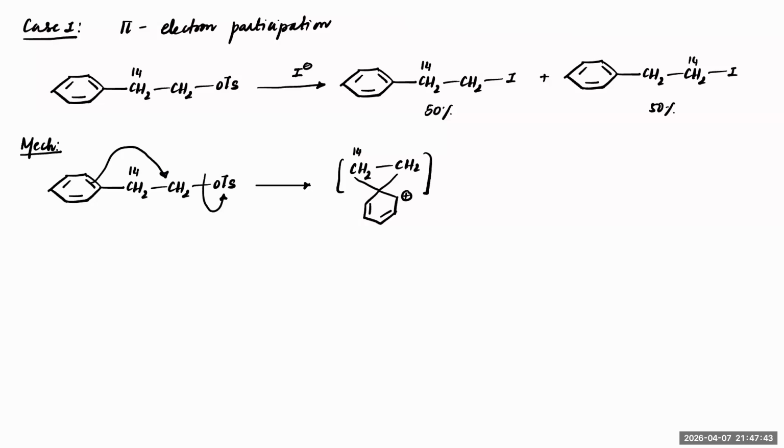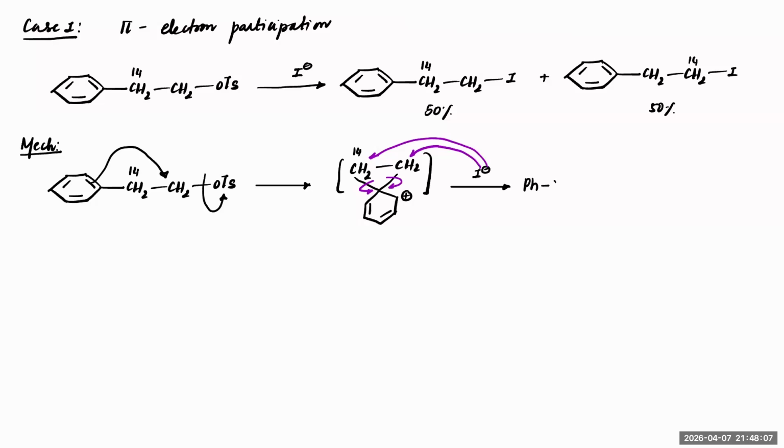Now when the iodide is trying to attack on it, you would notice that it could attack on this position and this position equally. When it attacks here, it can break this bond, and when it attacks here, it can break this bond and retain its aromaticity. That's how the chances of getting both these products increase.